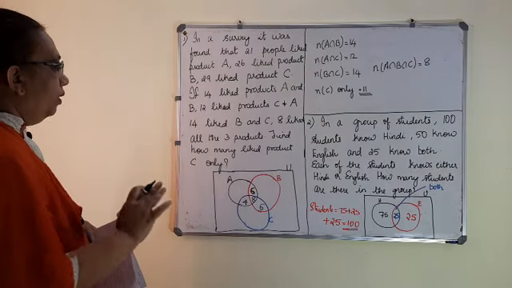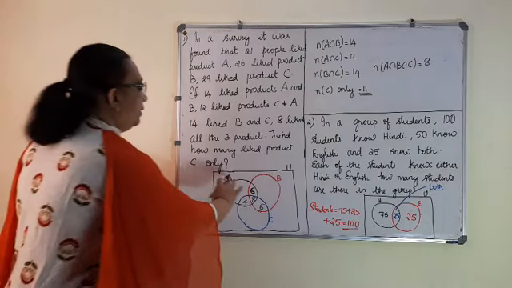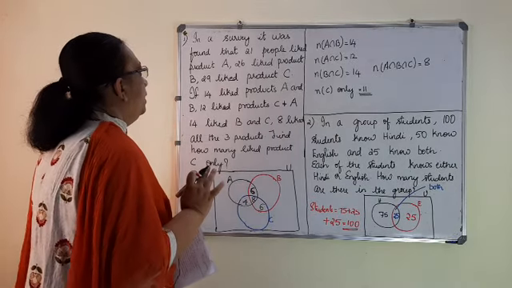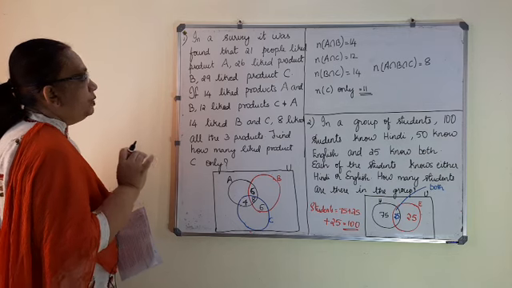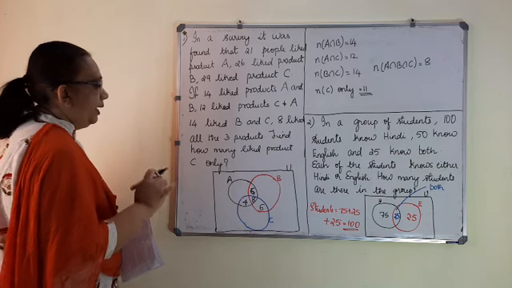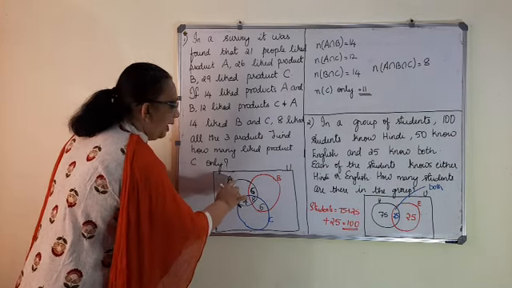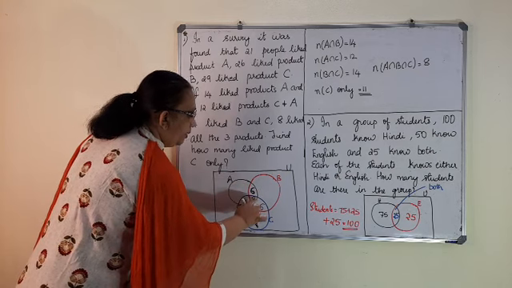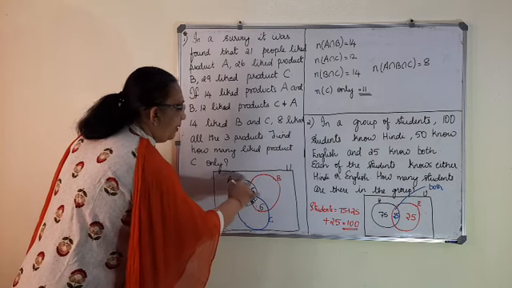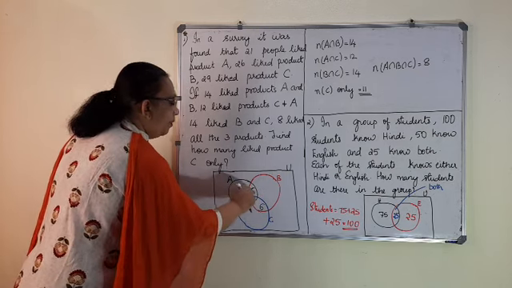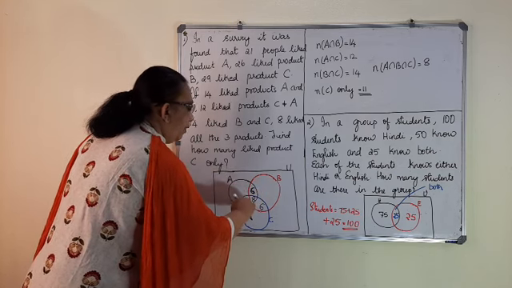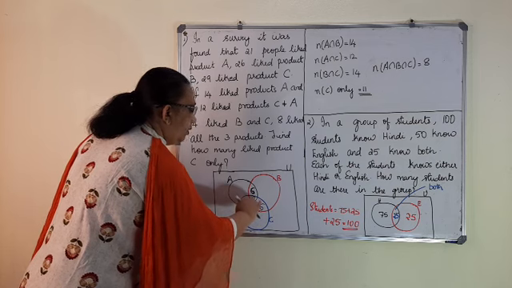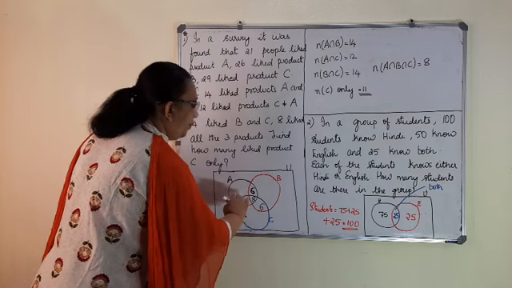Now, whatever information is given, we have written in the diagrammatic form. Now, come back to the question. 21 people liked product A. A means it is black in color. But some of them also liked B, some liked C, and 8 liked all the three products.